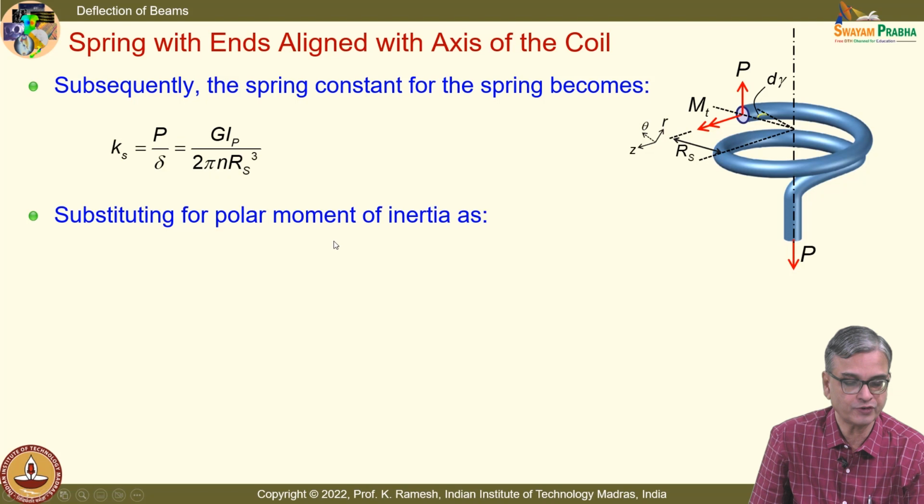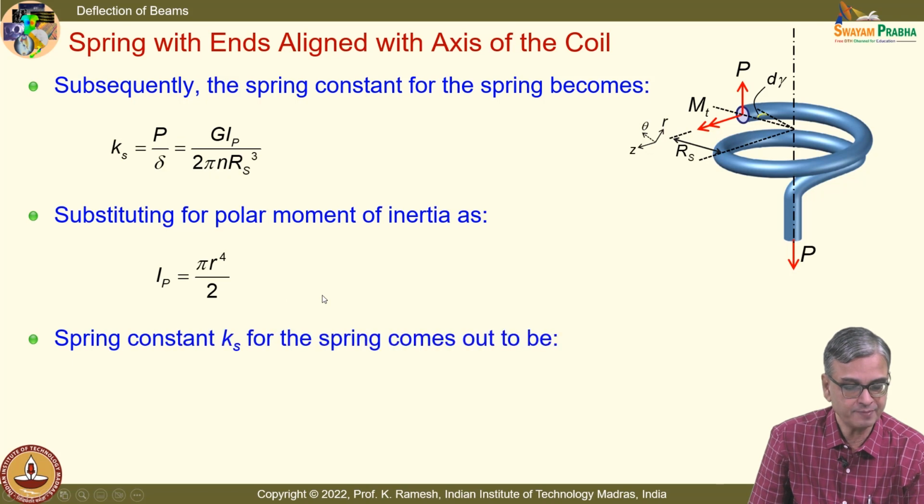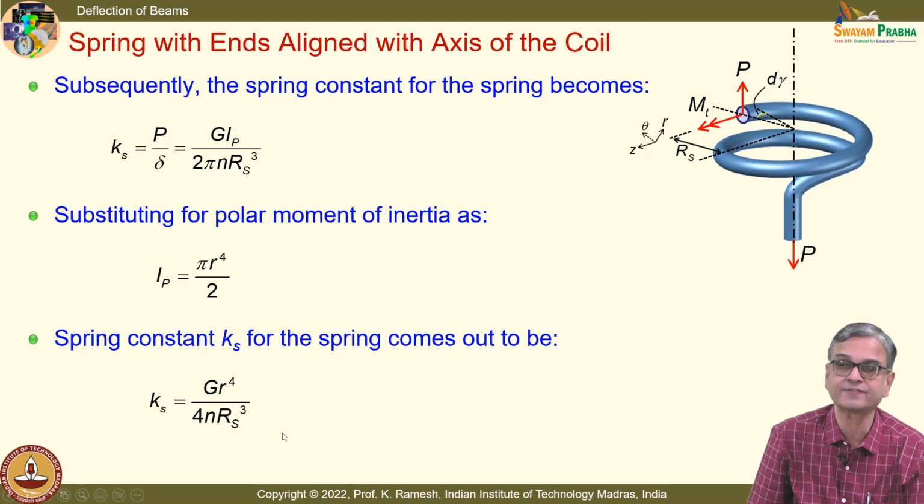And if you substitute for the polar moment of inertia, if the radius of the wire is r, it is pi r power 4 by 2. So when you substitute this, I get a very famous expression, Ks equal to G r power 4 divided by 4N Rs cube.